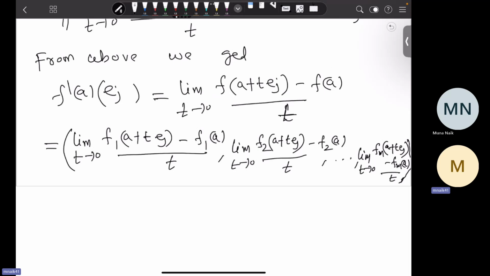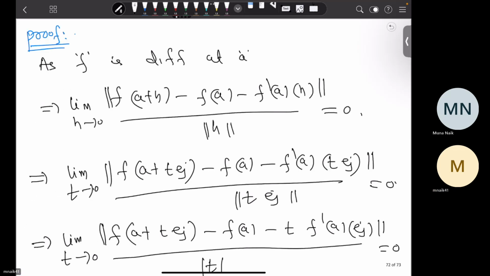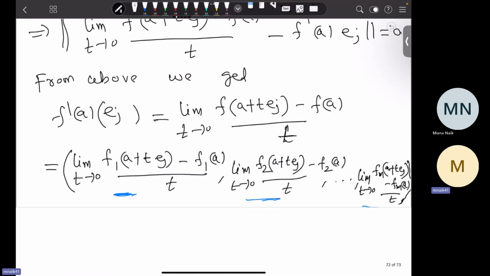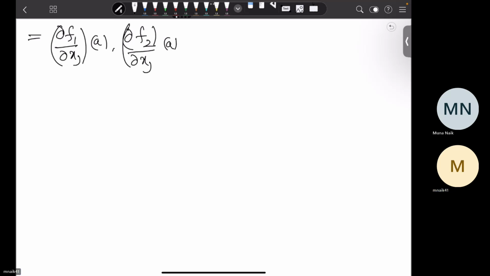So that means these partial derivatives of the coordinate functions exist in that direction. By definition, this is del f1 by del xj, this is del f2 by del xj, and this is del fm by del xj.